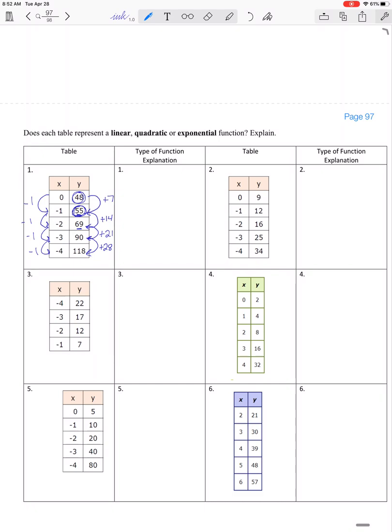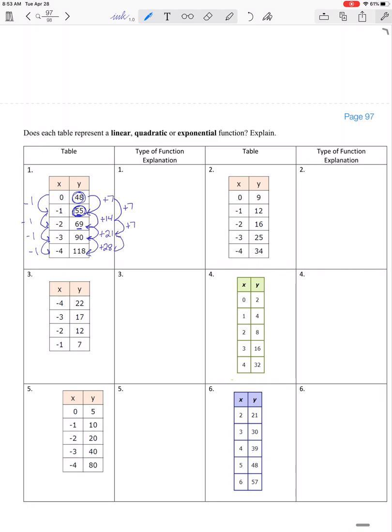So you see here, we don't have a first common difference, so it can't be linear. Now let's see, is there a second common difference? 7 to 14, we added 7. And if you didn't know that, you could do 14 minus 7. How did I go from 14 to 21? I'm adding 7.